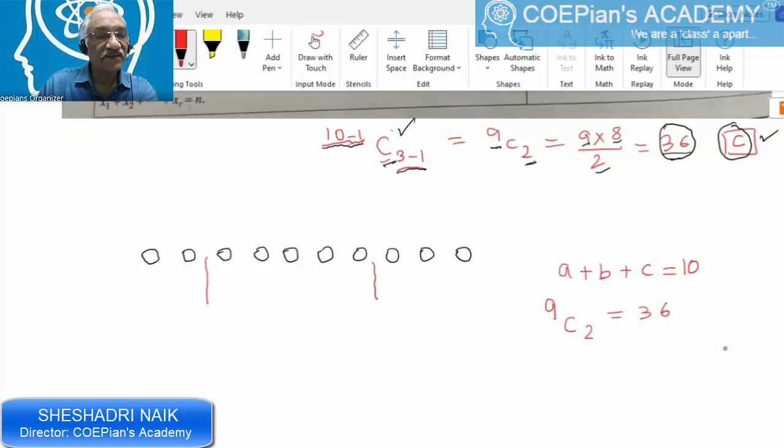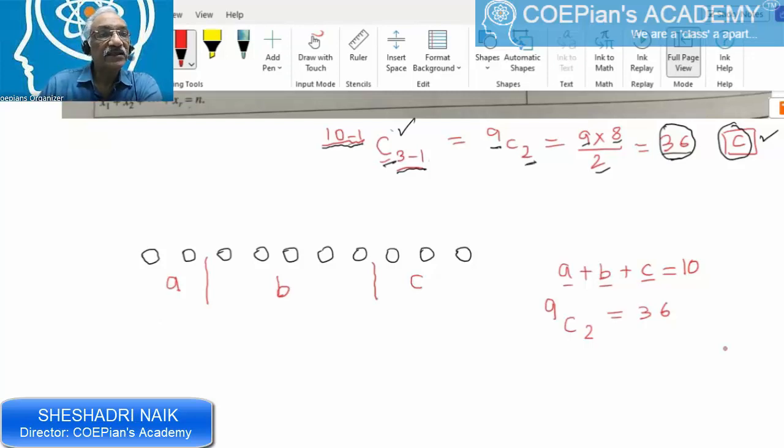Okay, so what happens is this particular part, I call it A. The number of marbles in this particular first partition become A, the second partition becomes B, and naturally the third partition becomes C. So no matter where I place, remember I'm repeating, no matter where I place my partitions, I'm going to get this particular equation A plus B plus C equals to 10 as always true.